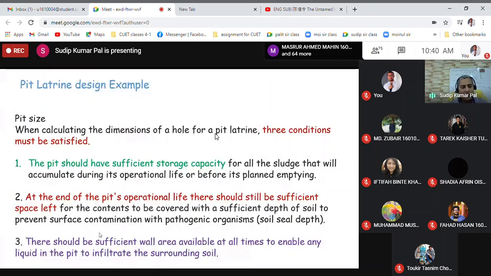So now we have discussed the factors basically affecting the design. Now we will go back to the design example, how to basically calculate or design the pit latrine. Obviously, our major intention is to look into the hole or pit, because the superstructure can be made with available superstructure material.